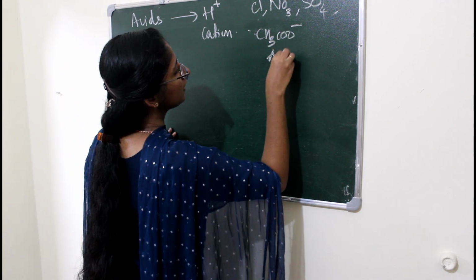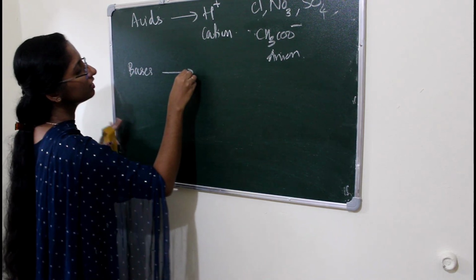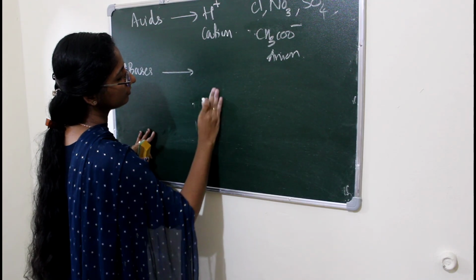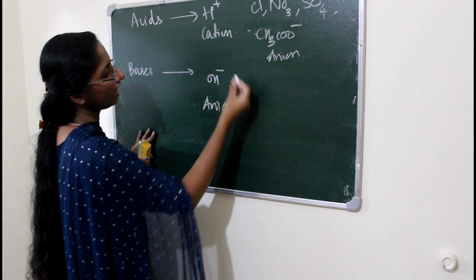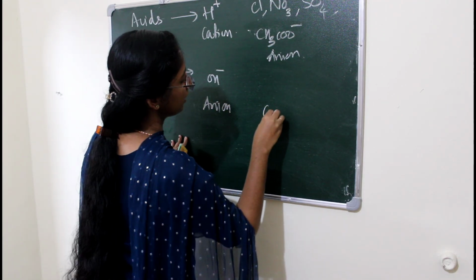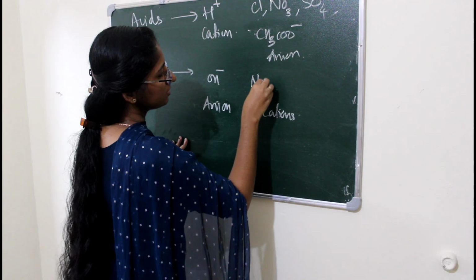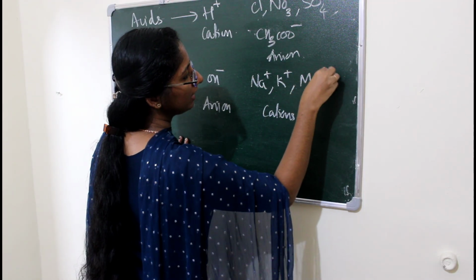Similarly, when we take the case of bases, we get the common anion as OH minus ions, hydroxide ions. Then cations can be Na plus, K plus, Mg2 plus, like that.